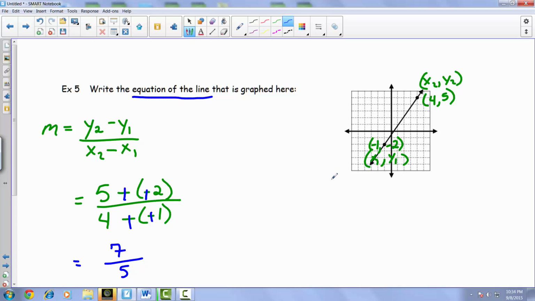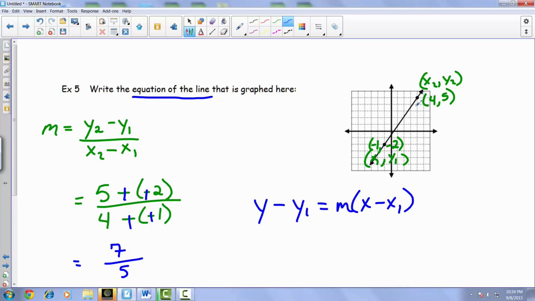We have our points, we in fact have 2 of them that we can kind of choose from, and our slope. And then as a result, we can use our point slope. Y minus y1 is equal to m times x minus x1. So it doesn't really matter which point we choose, because again, both of these points are satisfied for this line.